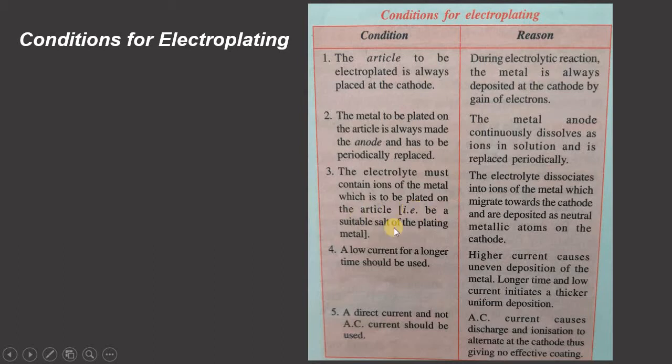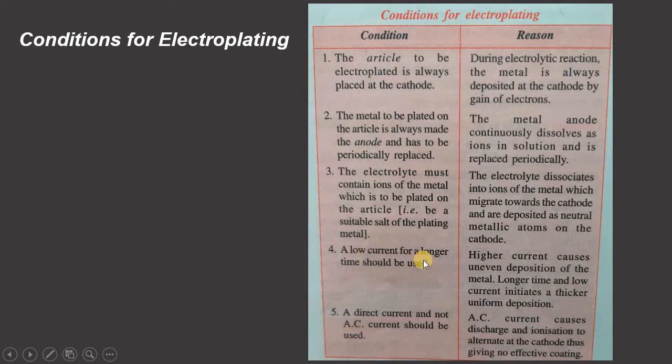So that is, a suitable salt of the plating metal. The electrolyte dissociates into ions of the metal which migrate towards the cathode and are deposited as neutral metallic atoms on the cathode. So the solution is there which will be supplying the metal ion.